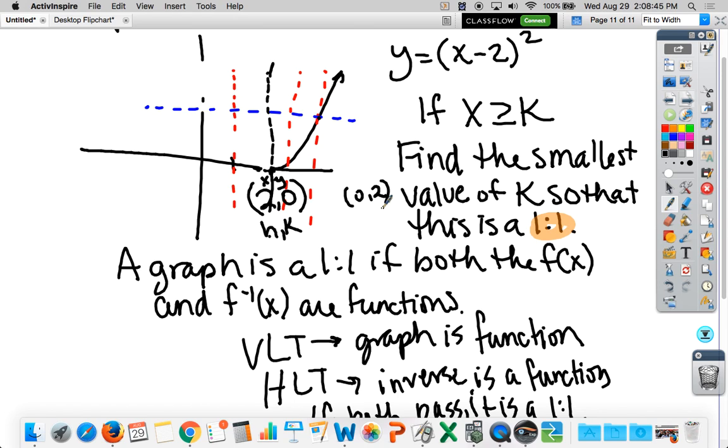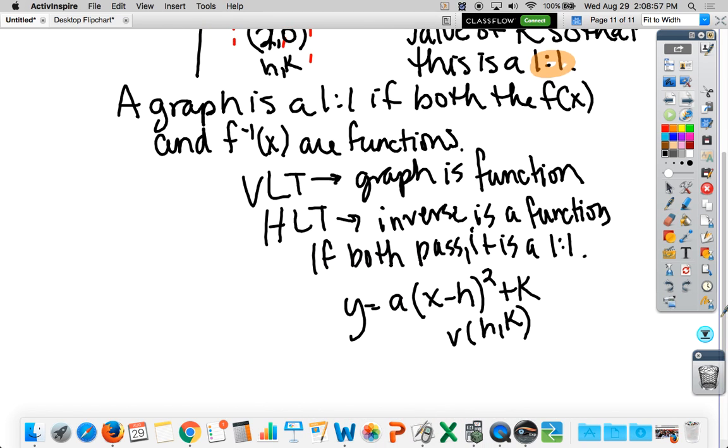Now, that's the long of it. Let me show you the short of it. I'm not really going to pay attention to my inverse right now. Now, k was associated with what down here? Which part of the vertex? The y. So if I'm wanting to know where I can split to make it an inverse, the y becomes x and the x becomes y.